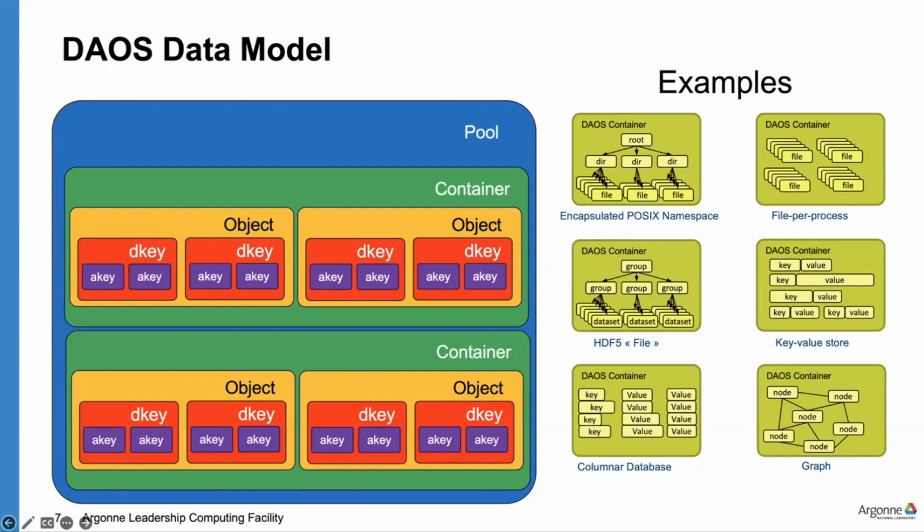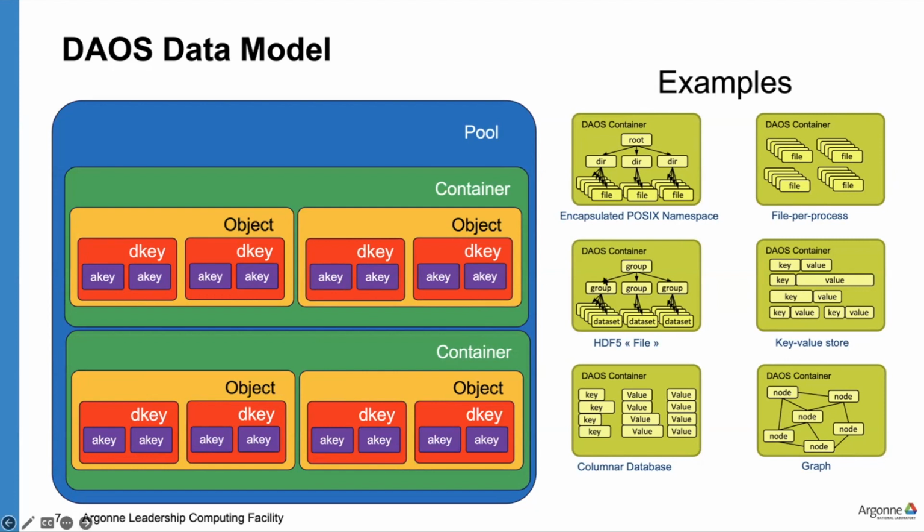On the right here, we can look at this top example, which is inside a container, you can have your classic POSIX namespace that you use. You can have directories, and those directories contain directories, or directories can contain files, exactly as you would use today. So starting to use DAOS is generally straightforward. It's going to look like how you use other parallel file systems.